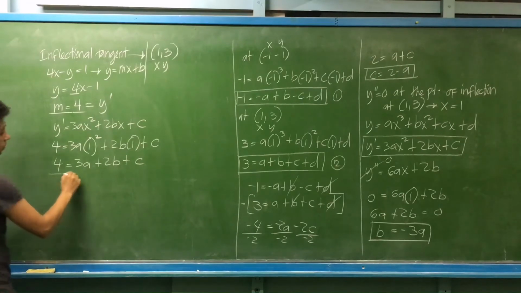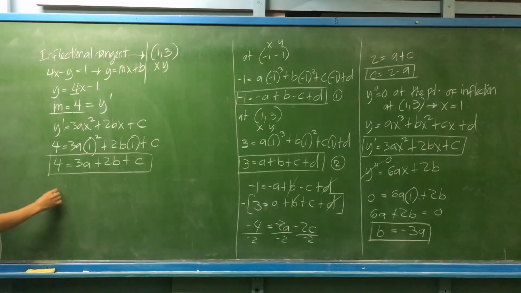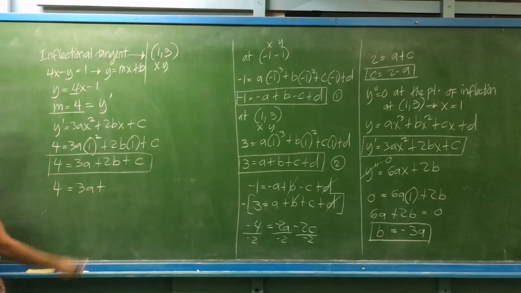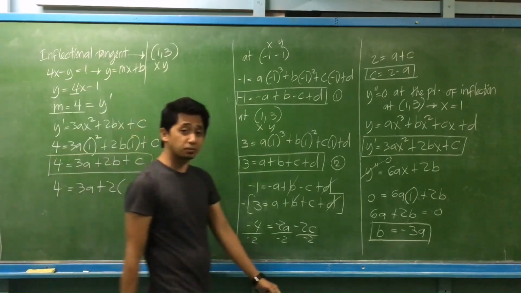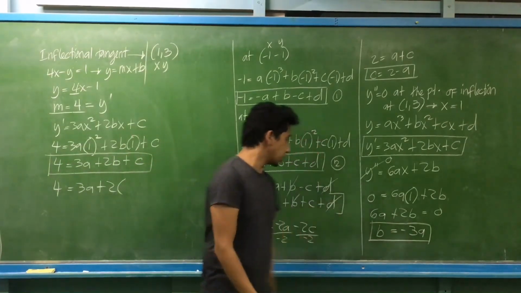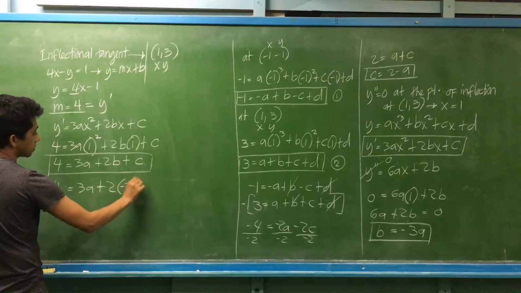So this will be the fourth equation, since we have 4 unknowns. This is the same as 4 equal to 3 times a plus 2 times b. What is the equivalent of b? The equivalent of b is negative 3 times a.